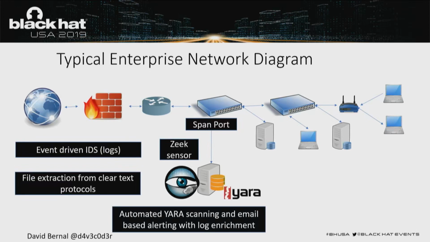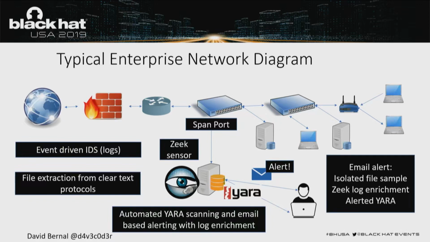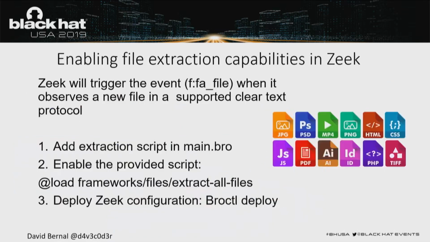Then you can enable YARA scanning on the extracted files, and you can send an alert to the security team so that they can take action on any detection that you have with your YARA rules. And by having the event-driven IDS logs, you can enrich that alert to better help the analyst decide if it's a false positive or a true positive and take action on that event.